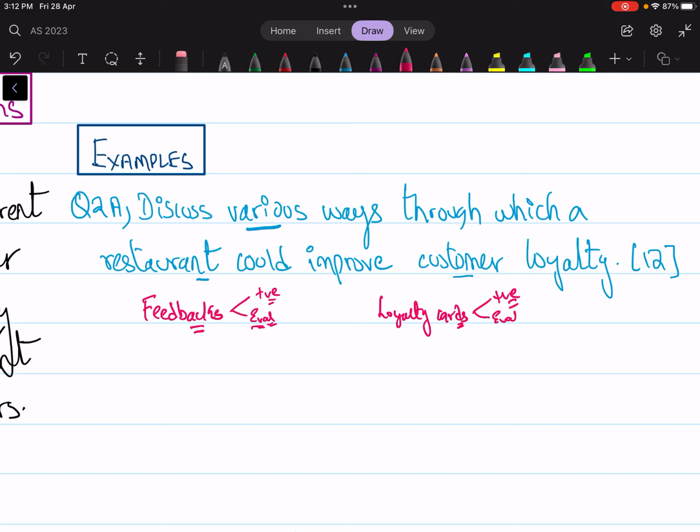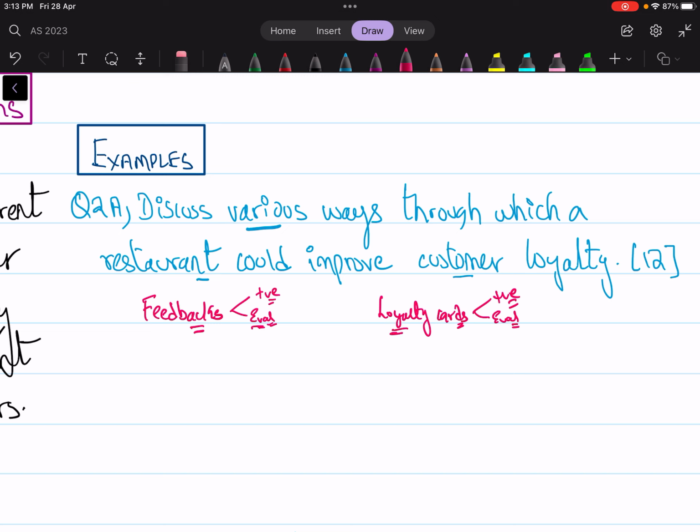However, the extent to which loyalty cards improve customer loyalty would depend upon the choice of products available in the loyalty programs, because most of the times unpopular products which are not being sold normally are included at a discount under loyalty programs, and that would dissatisfy customers.